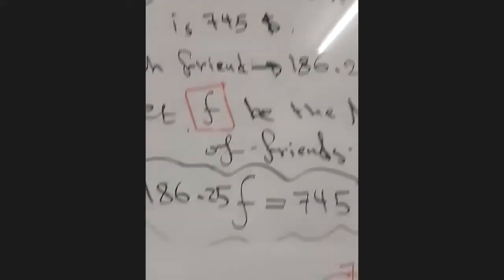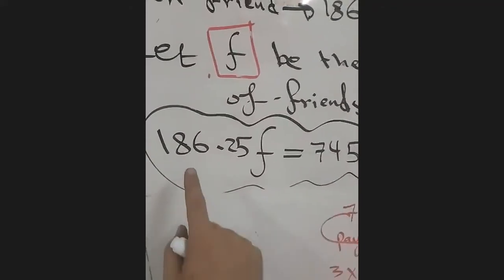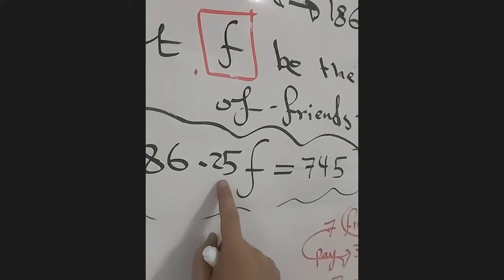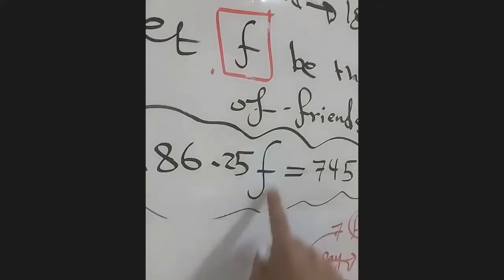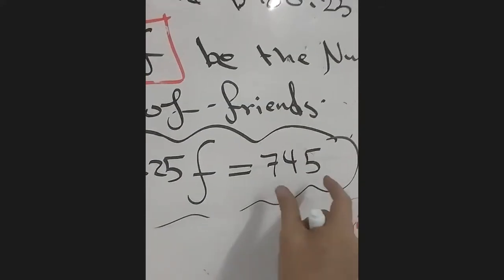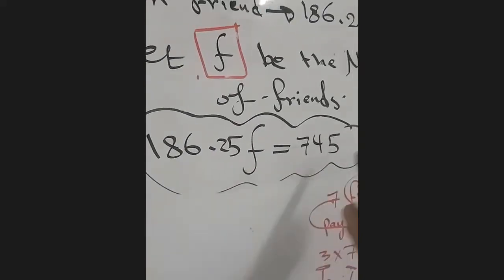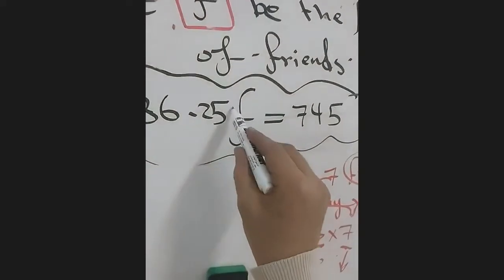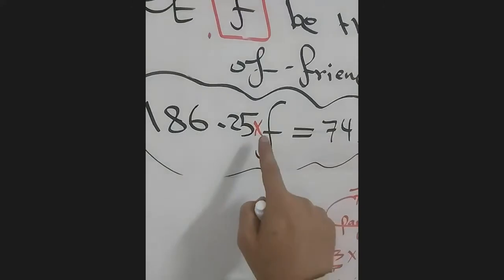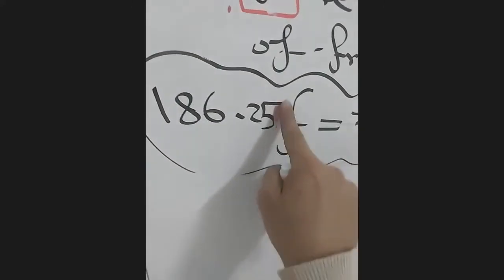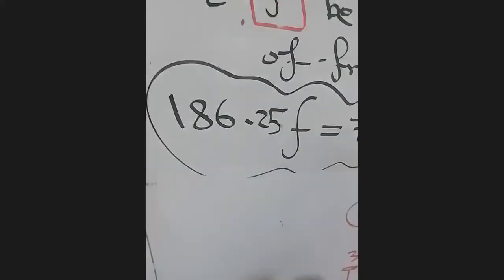Yes. Here it is: 186.25 multiplied by F equals the total cost of money. This is our equation. But we don't try to multiply here because we have a variable, okay? Do you understand it?